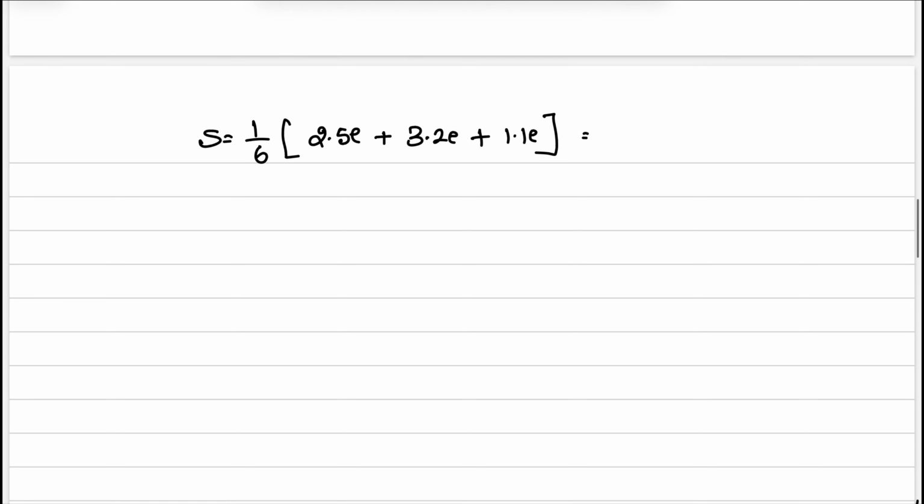That is equal to E by 6 into 10 plus 6 plus 1, that is 17. So 17E by 6. Hence, the question is proved.